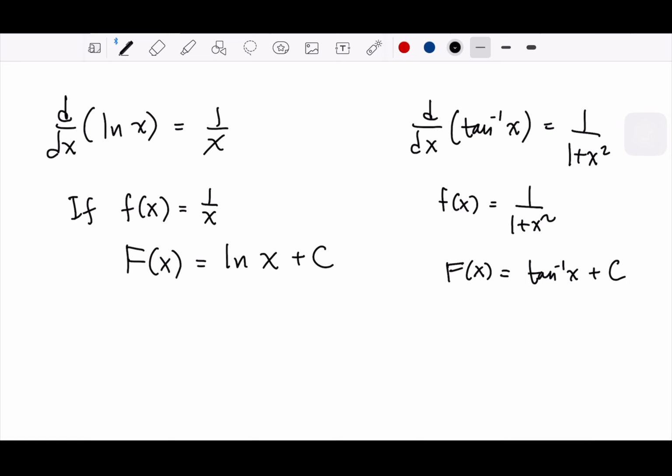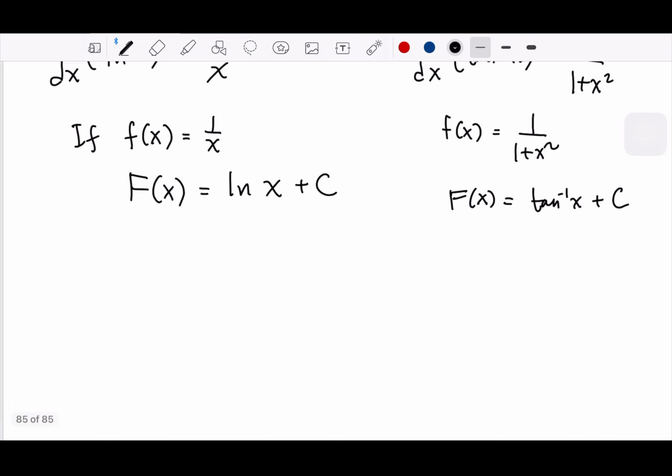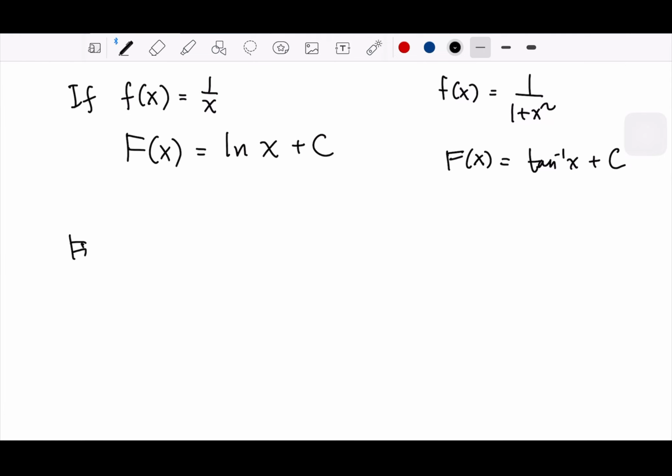Let me give you an example. Find f if f prime of x is equal to e to the x plus 20.